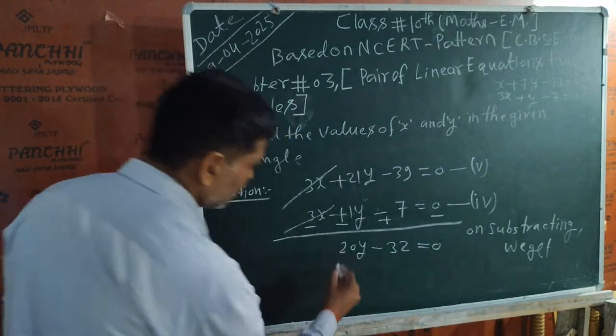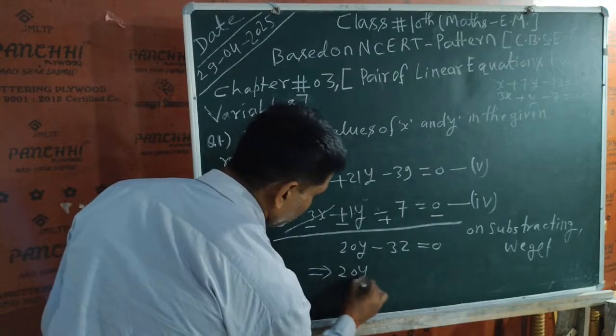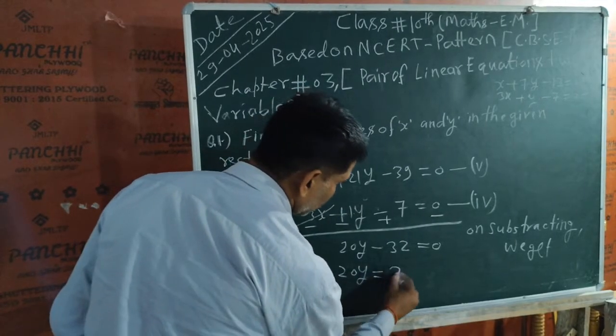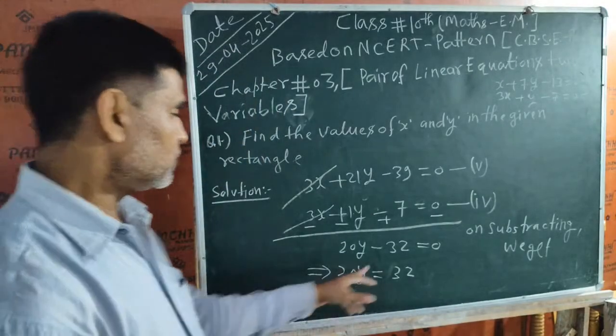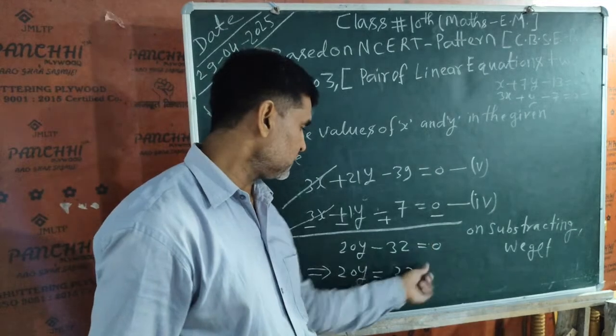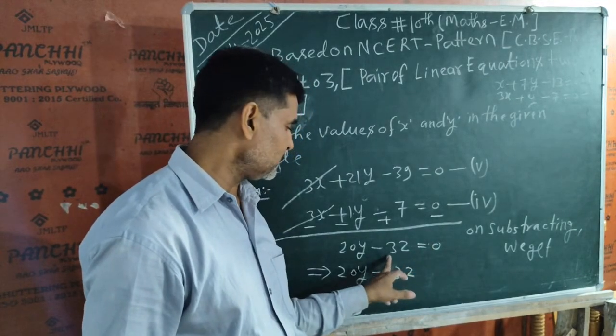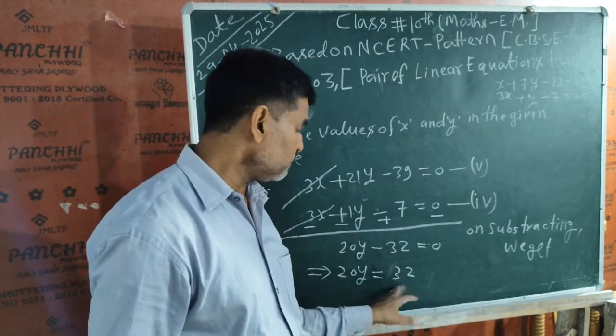Okay, student, again this implies that 20y is equal to 32, because any term going from left to right will change its sign. Before, it contained the minus sign, but after going across the equal sign it becomes 32.